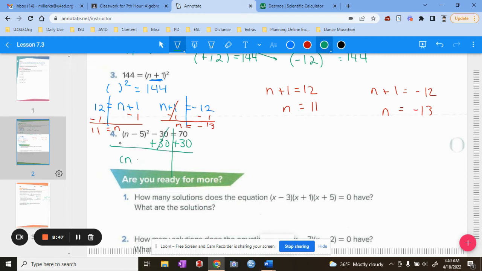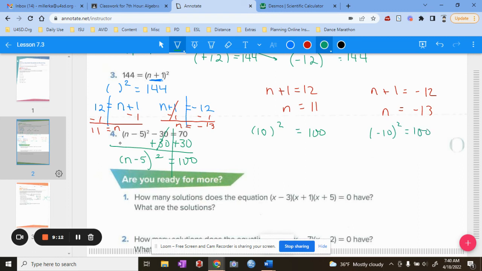So we have n minus 5 squared equals 100. So what times itself equals 100? Well, 10 or negative 10. So we know that this is going to be 10 or negative 10.